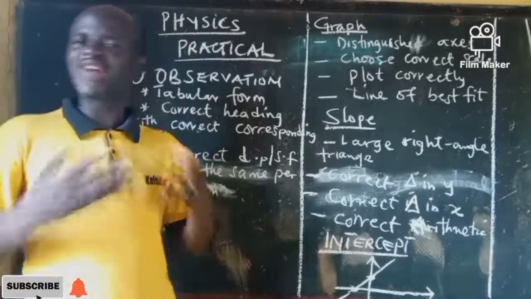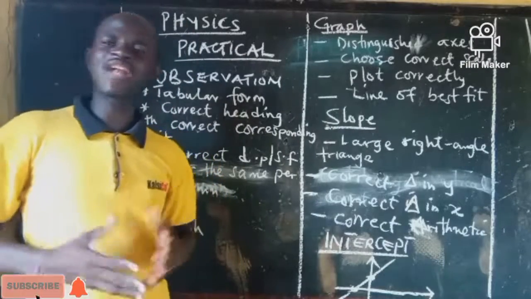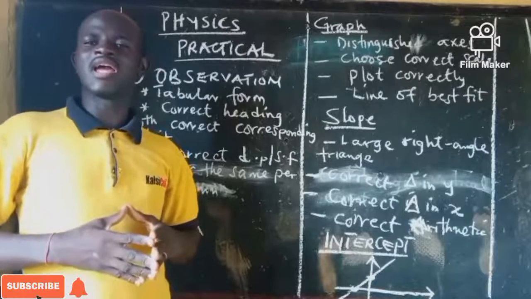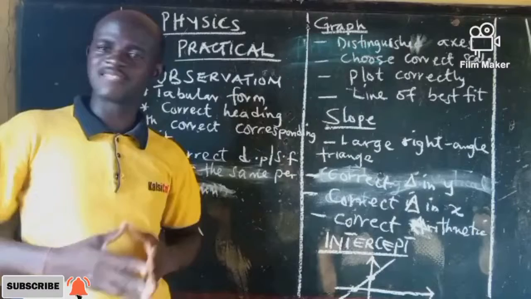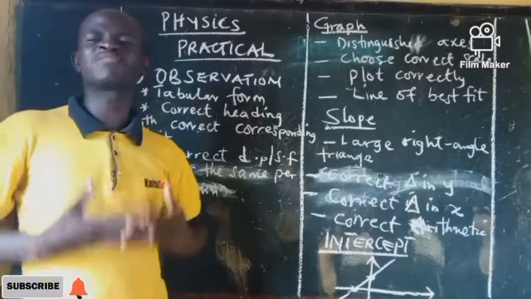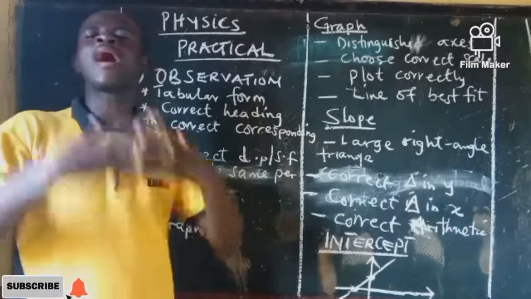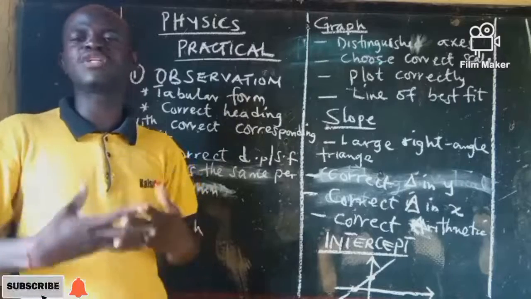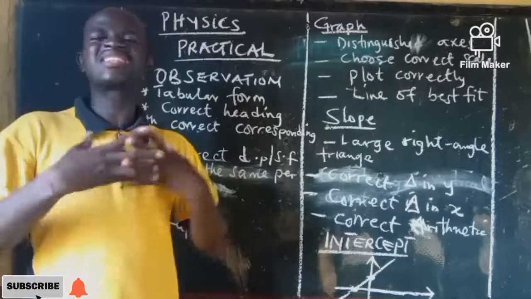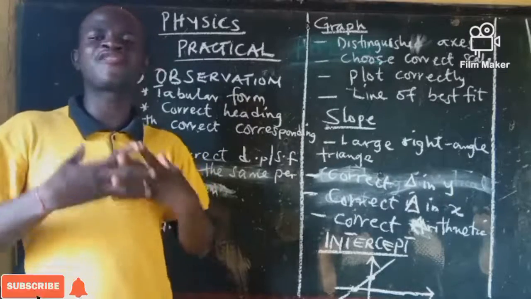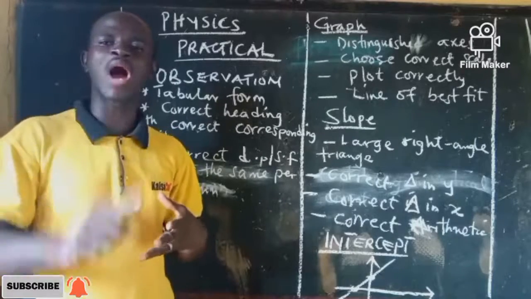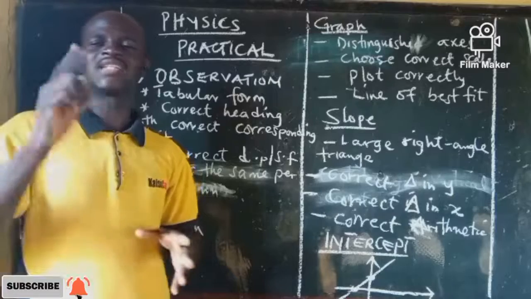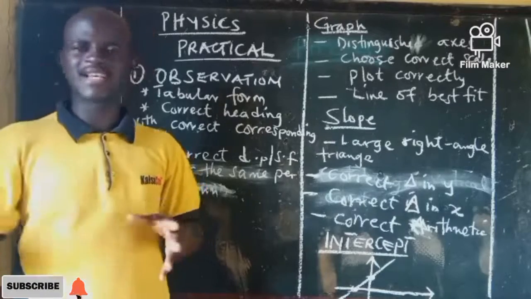Another one is vernier calipers. Whenever you are measuring with vernier calipers and the unit is in centimeter, it must be in 2 decimal places, simply because the degree of accuracy of vernier caliper is 0.01 centimeter.